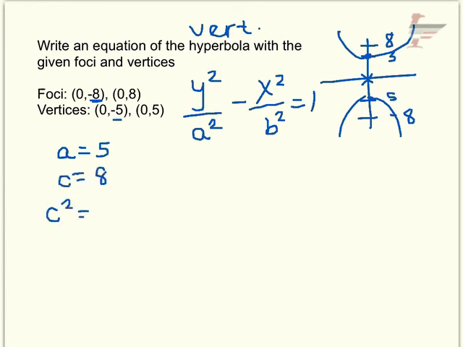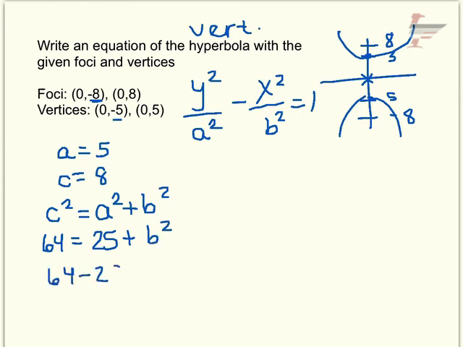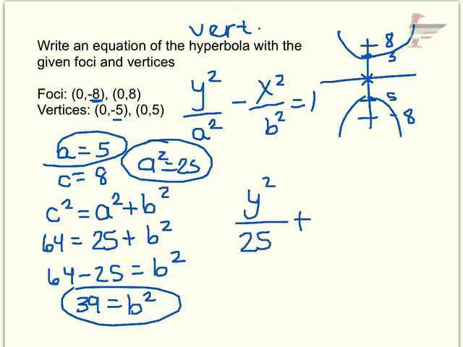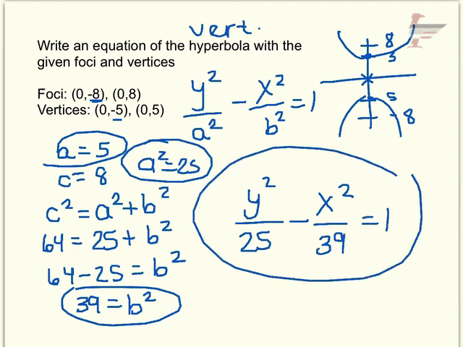So using c squared equals a squared plus b squared, if c is 8, c squared is 64, a is 5, so a squared is 25, and 64 minus 25 will give us b squared, which is 39. So I have b squared, and I know a squared is 25, and again, I have enough info to write my equation. So y squared over a squared, which is 25, minus x squared over b squared, which is 39, equals 1, and there it is. I keep saying plus; it's minus.